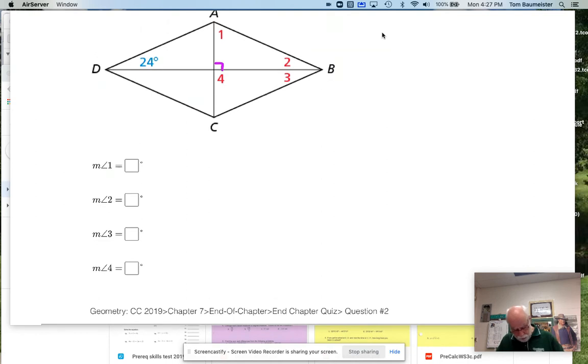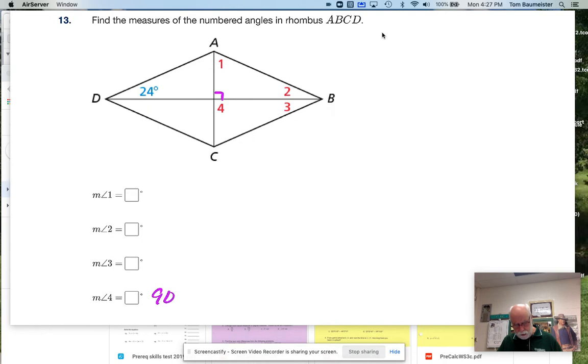So we can say that the measure of angle 4 is equal to 90 degrees. And let's see, what else do we know? If that one here is 24, then we know that one there has to be 24, and that one has to be 24. Again, because they bisect each other and they're opposite each other. So we can say that this one here is 24, and this one here is 24.